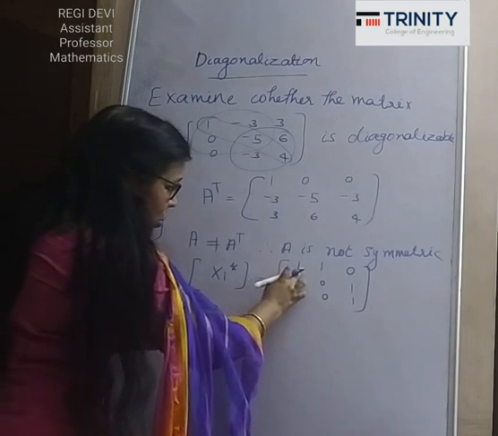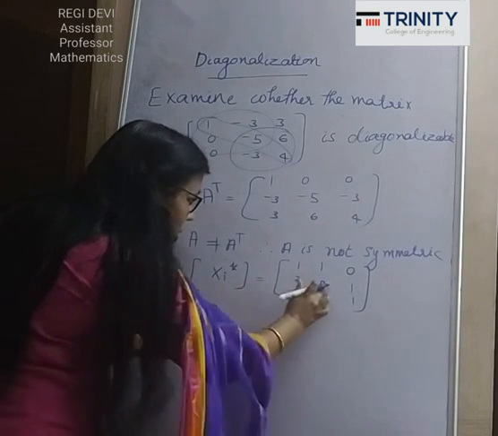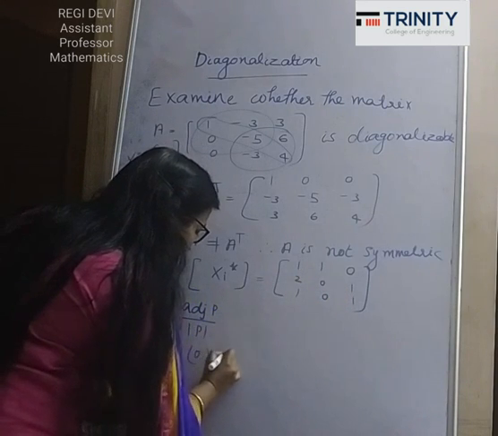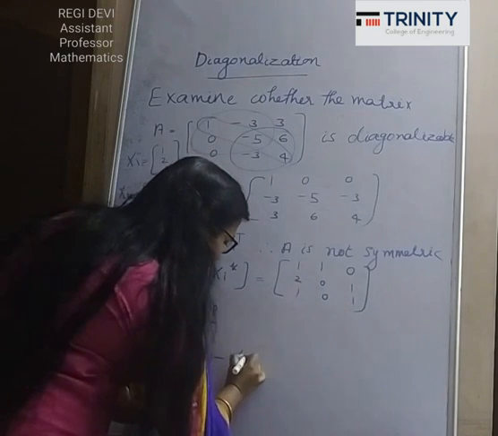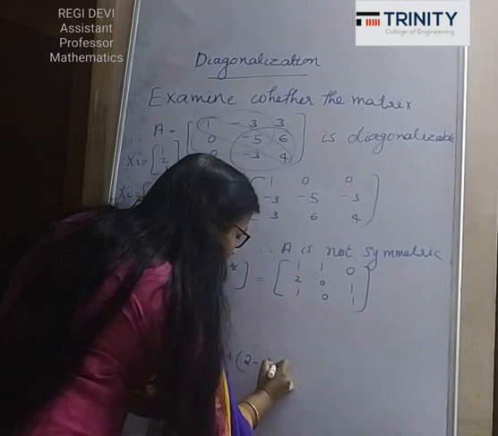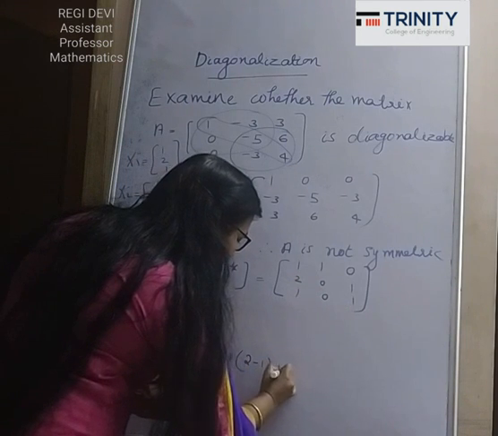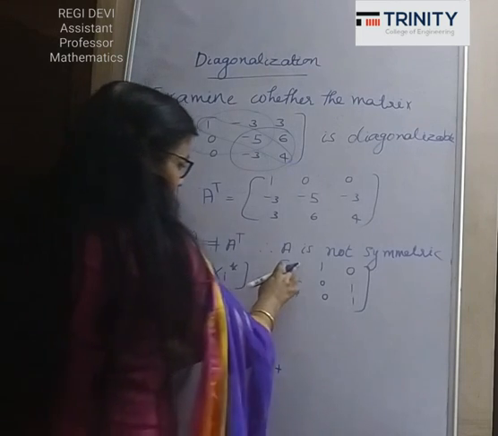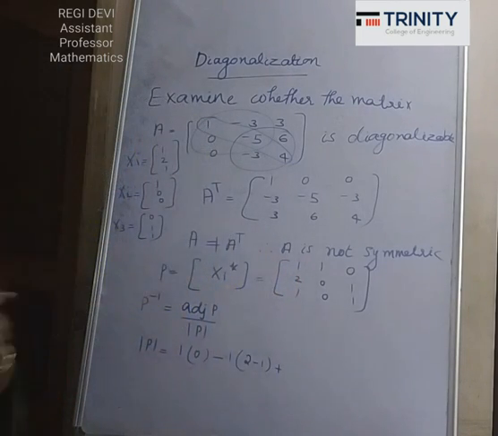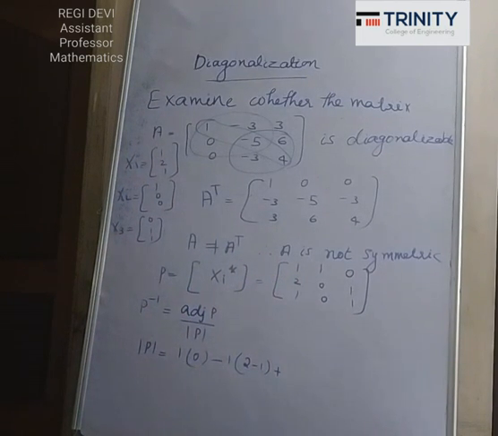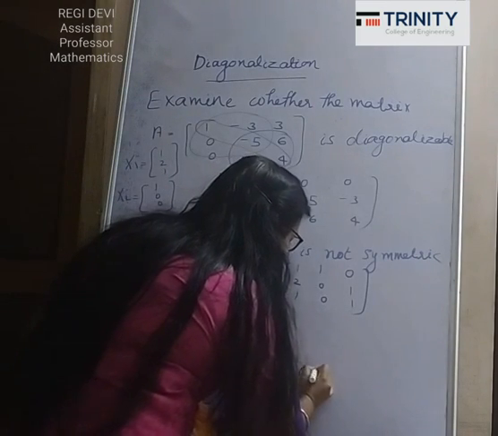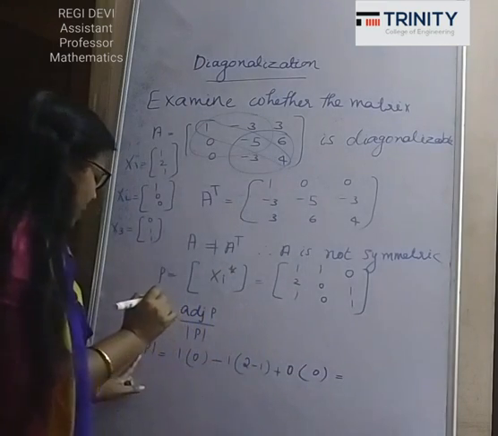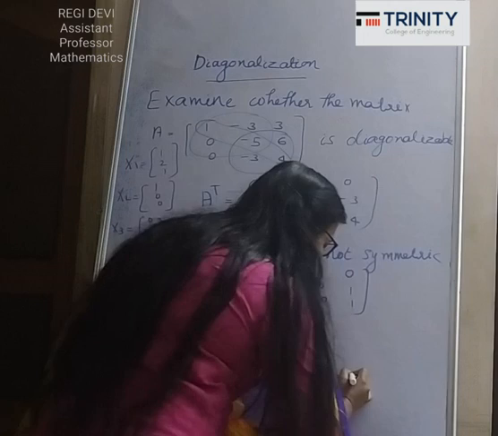That is 1 into 0 minus 0, minus second 1 into 2 minus 1, plus third is 0 into 0. That is the determinant value of P is minus 1.